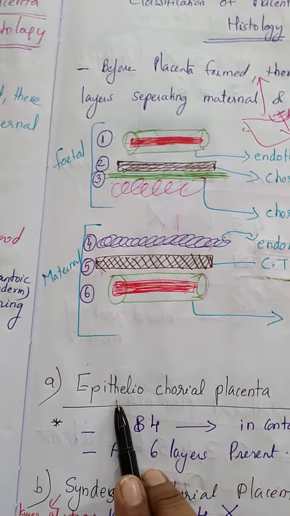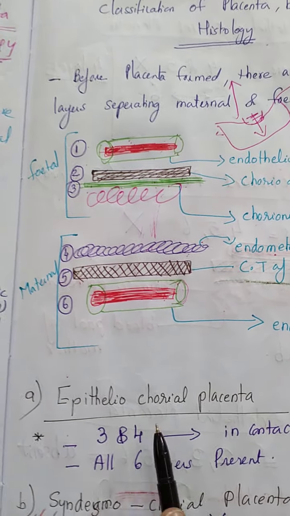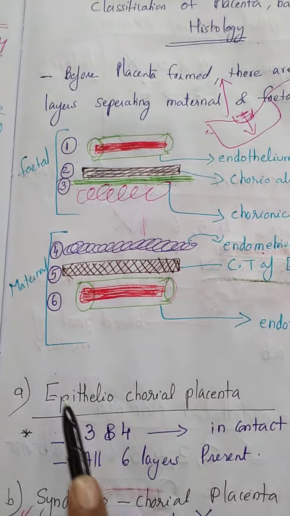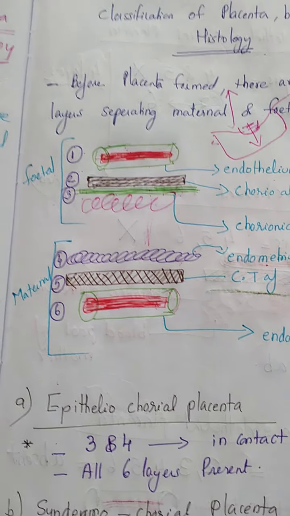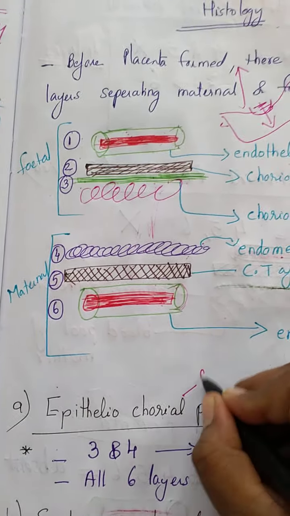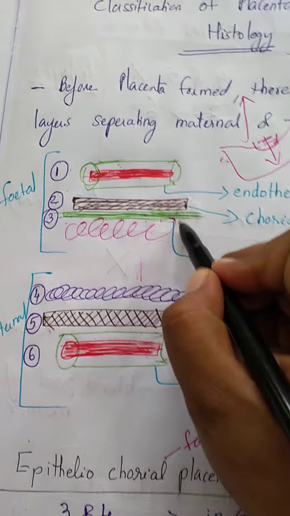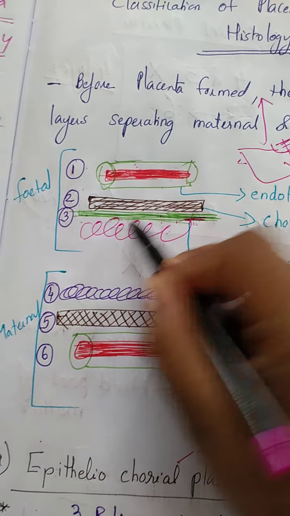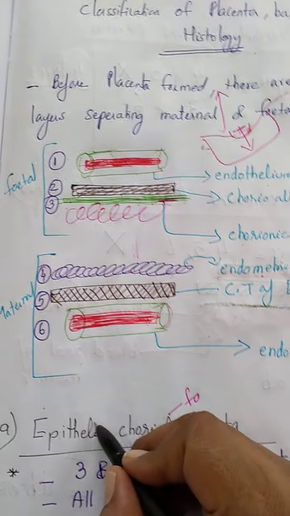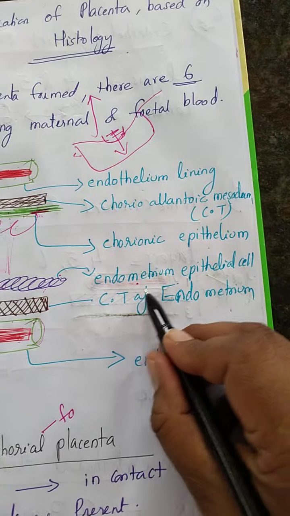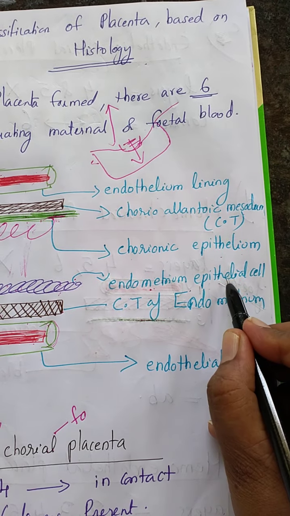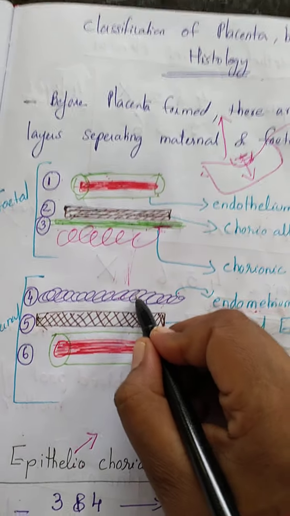The first type of placenta is called epitheliochorial placenta. The name tells you what and what is in contact. Chorion is of the fetus. So the green one, the fetal chorion, is in contact with the epithelium of the mother, which is the endometrial epithelium, that is this.